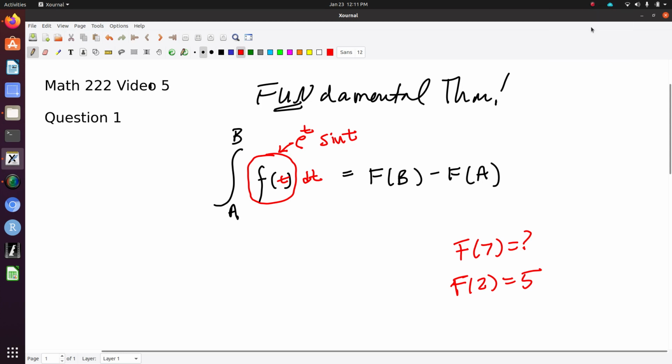So the point is you have B and A to play with, and it doesn't really matter which one you do, but I will recommend that you put F of 7 here and you subtract off F of 2 because it just seems easier. And so then this is going to be the 7 and this is the 2. When you flip your order of integration, it just causes headaches for everybody. So this is the part we're looking for, and this part we know to be 5. Okay, so that's the clue.